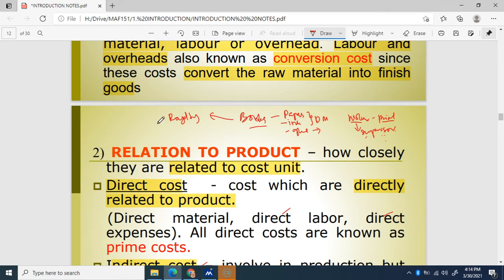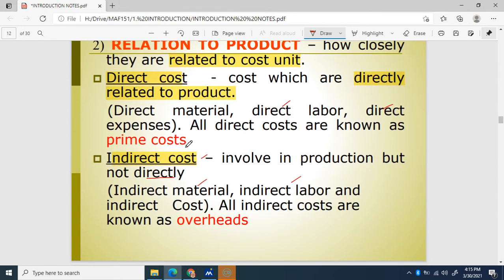So the royalty that you pay to the author will be direct expense. However, in producing the books, you need other expenses such as electricity for the printing machine and rental of the factory. These expenses are not directly traceable to the product, so we call them indirect costs.